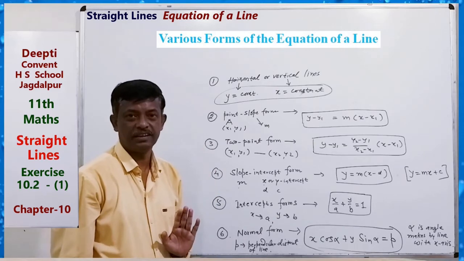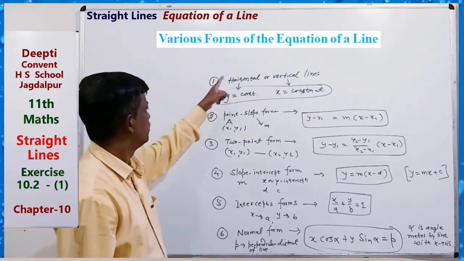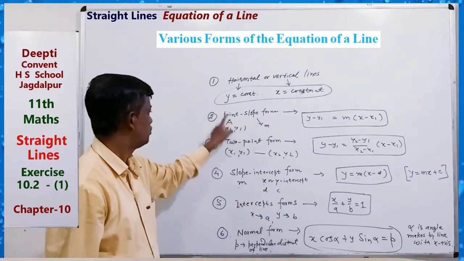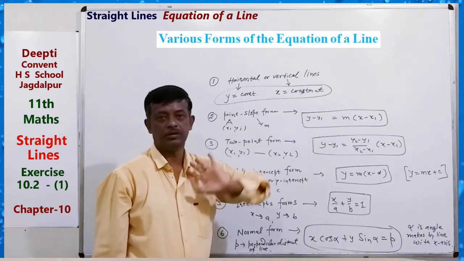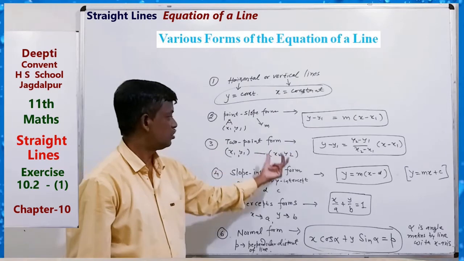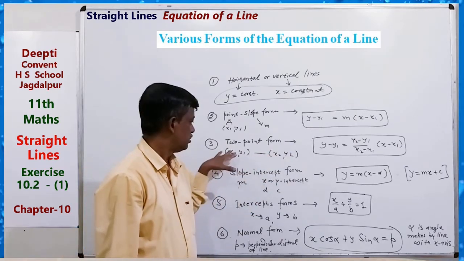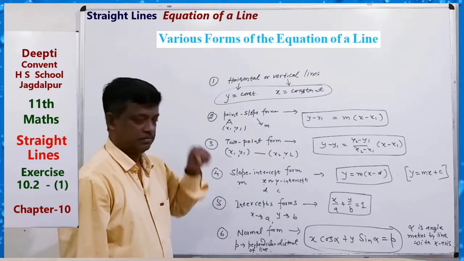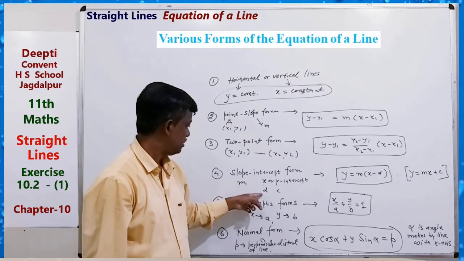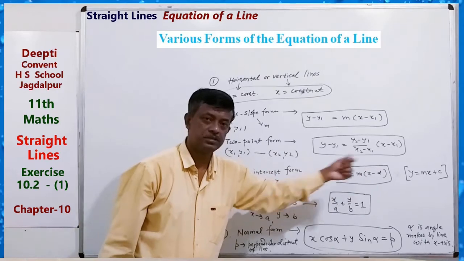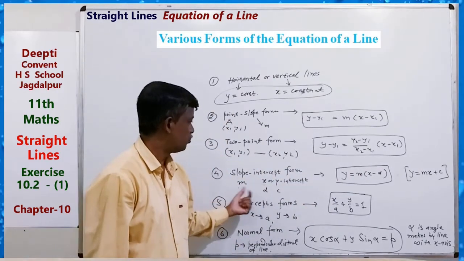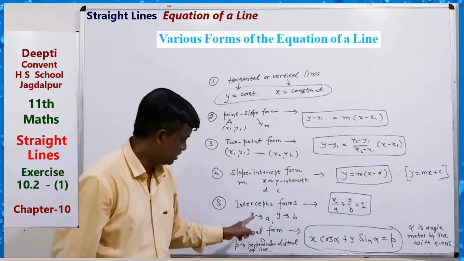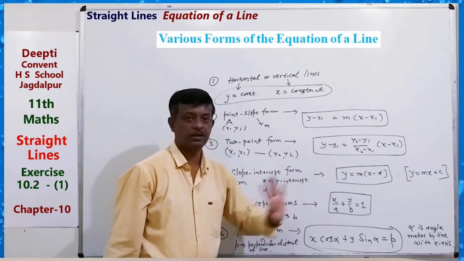Okay, so this is the summary of how we can write the equation of a straight line in different cases. Horizontal: y equal to some constant; vertical: x equal to a constant. Point slope: this is the point, this is the slope, then the equation can be written. 2-point: the line passing through these 2 points, then we can write like this. If the line has x-intercept b and slope m, then this. Y-intercept c and slope m, then this. If x-intercept is a and y-intercept is b, then we write like this.